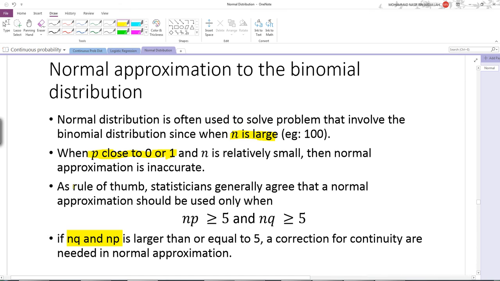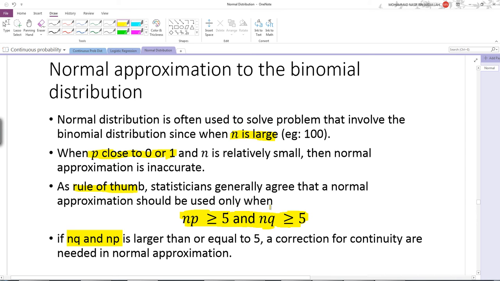As a rule of thumb, statisticians generally agree that the normal approximation should be used only when np is more than 5 and nq is more than or equal to 5. When these two conditions are met, then we can use the normal approximation to the binomial distribution.